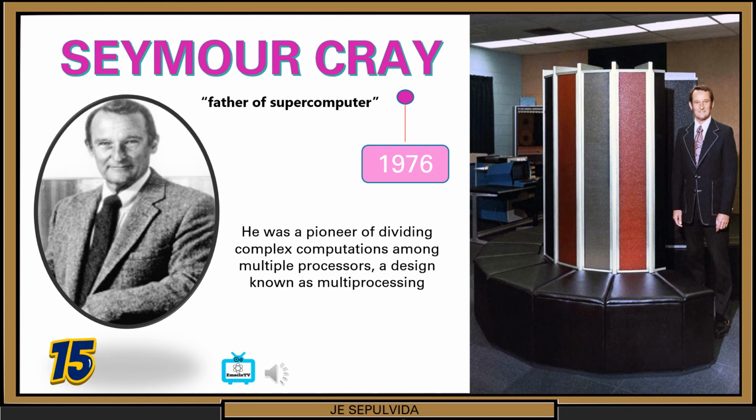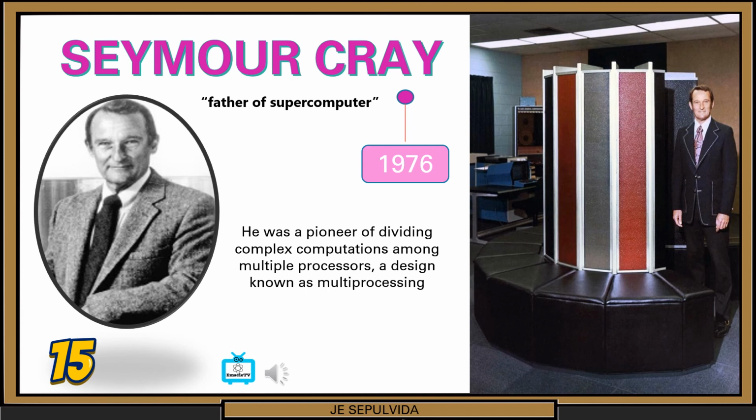In 1972 Cray left Control Data and founded his own firm, Cray Research Incorporated, with the intention of building the fastest computers in the world. This was largely realized through his innovative design of uniprocessor computers, which allowed simultaneous, parallel processing.